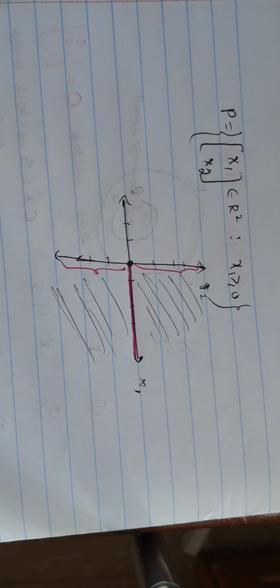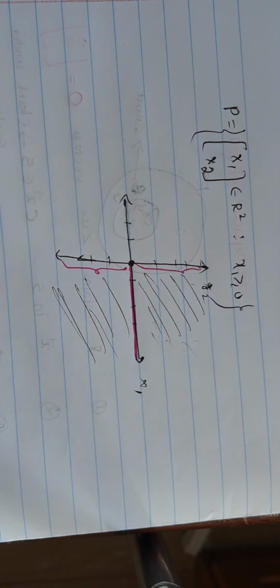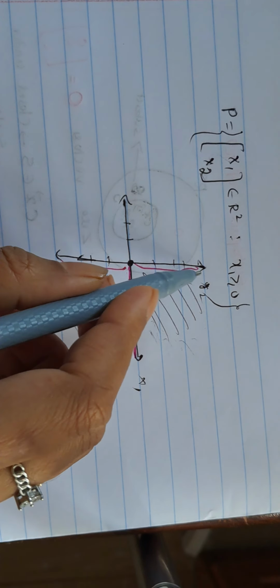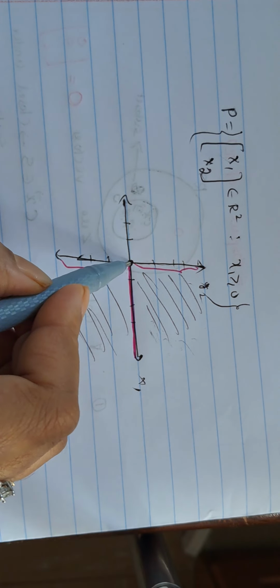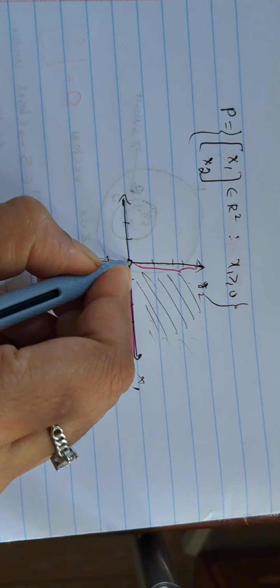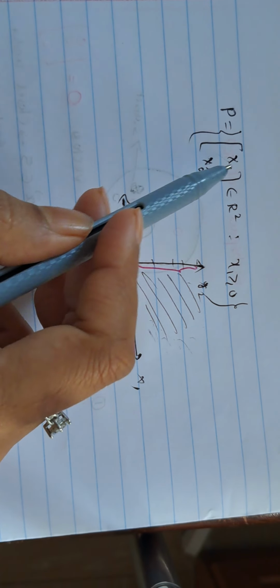Now, is it a subspace of R2? That is the question. When we check it geometrically, if you observe carefully, it contains all these points, so it also includes the point 0, 0, the zero vector, which belongs to R2.